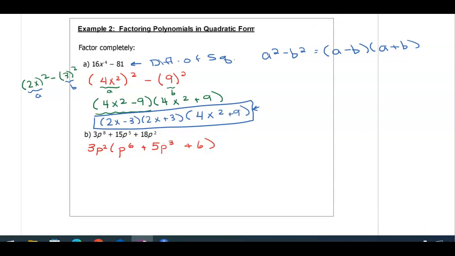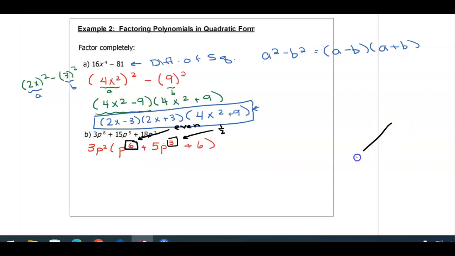Now this is kind of confusing because if this was a squared and this was just a 1, we could do it. But anything such that this is even and this is half of the exponent of the first and this doesn't have an exponent, we can still use what we know about quadratics.